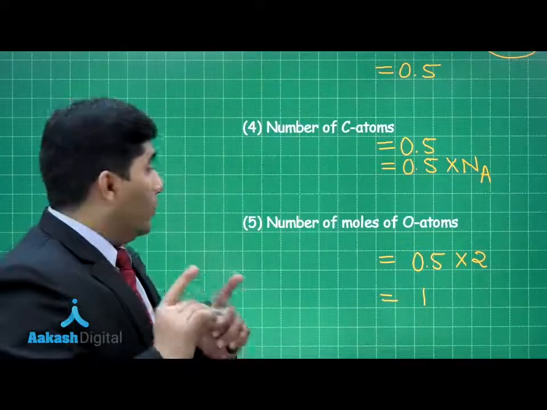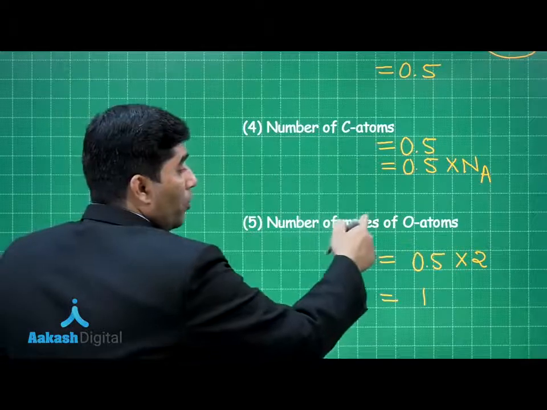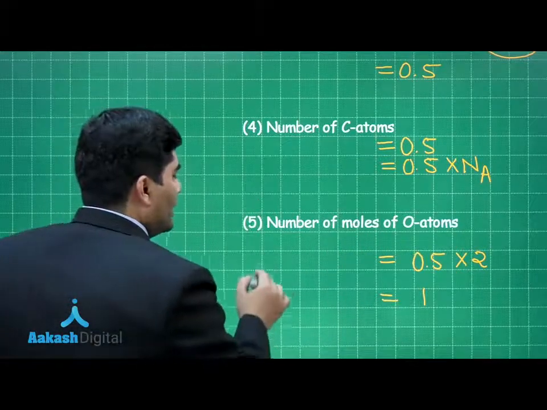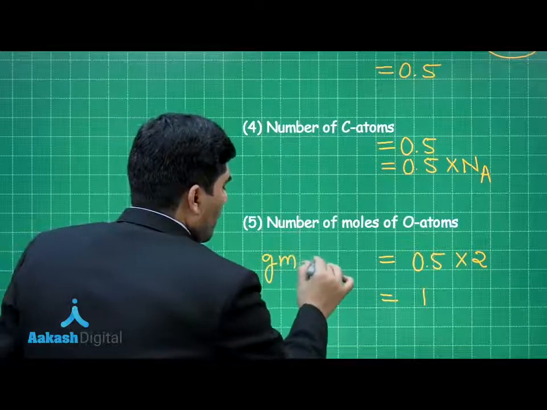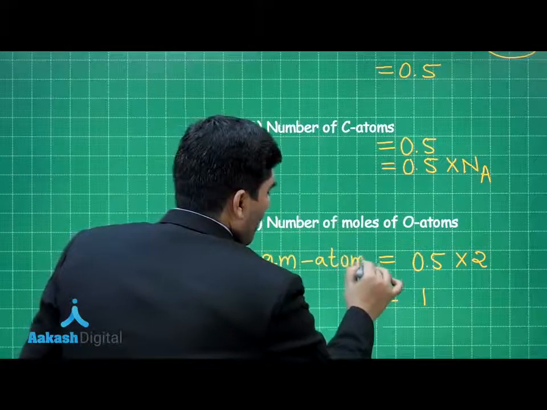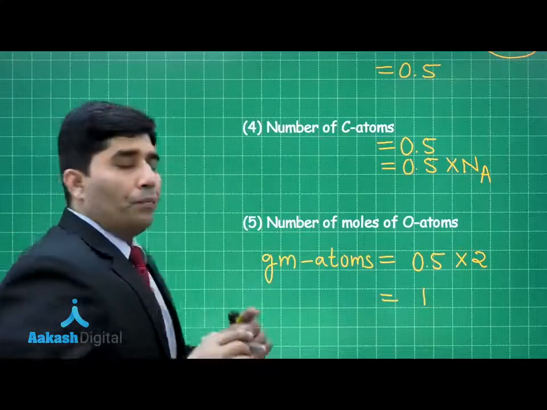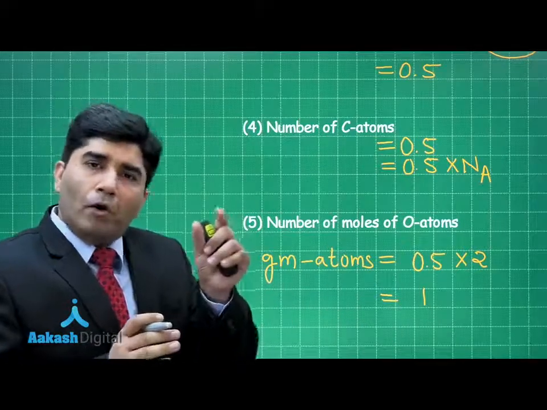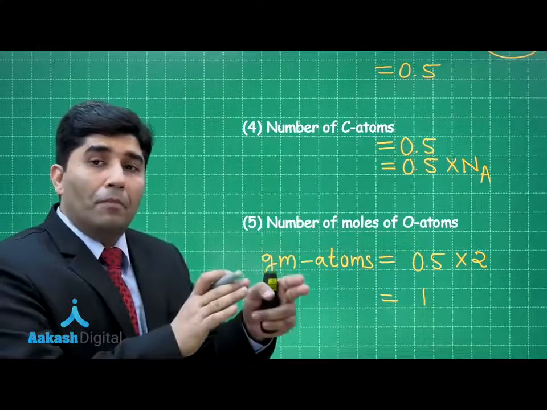And one more thing I want to tell you, whenever he asks the number of moles of any atom, that is equal to gram atoms. So, from here we can say that if we are talking about a molecule, then number of moles is the number of gram molecules.